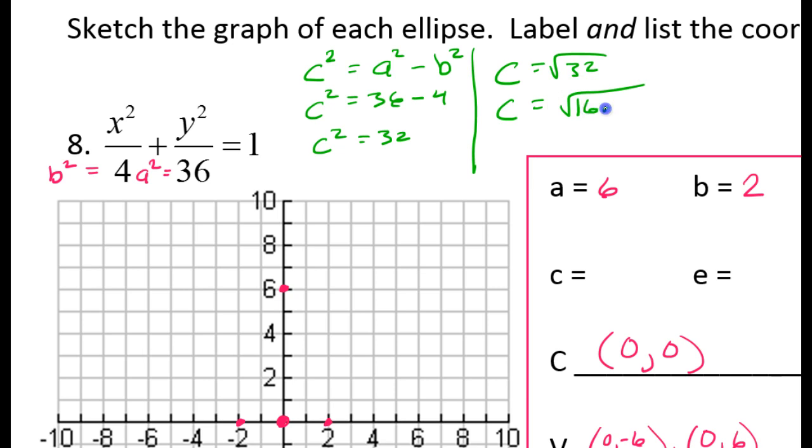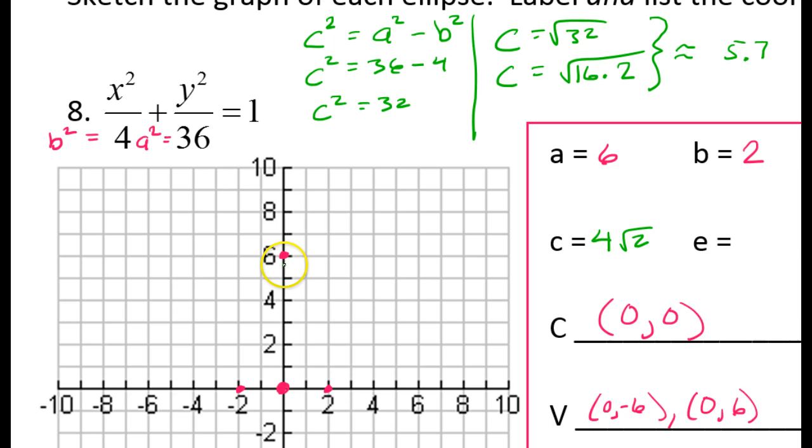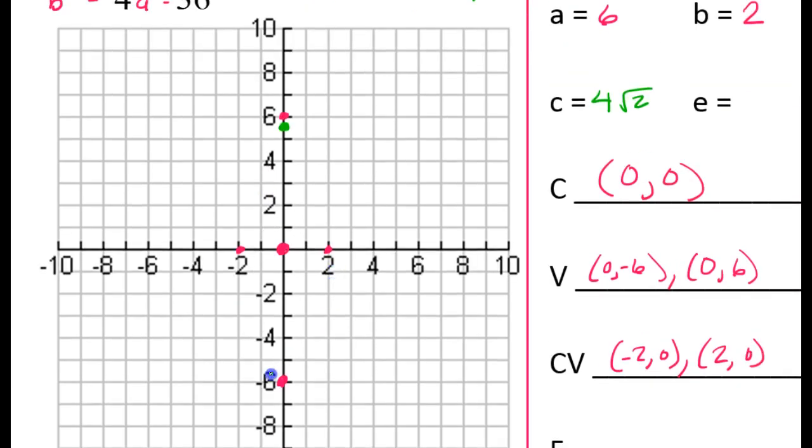Because 32 is 16 times 2, then c is 4 radical 2. Checking the calculator, I see that the c value is approximately 5.7. I just need this for graphing purposes, so 5.7 is really close to the vertices.